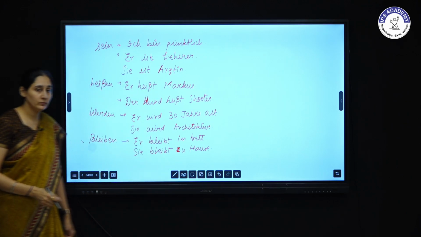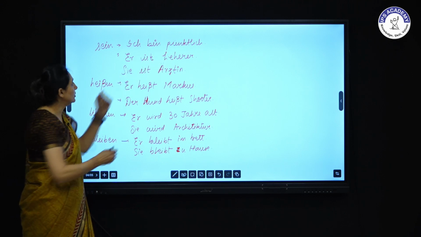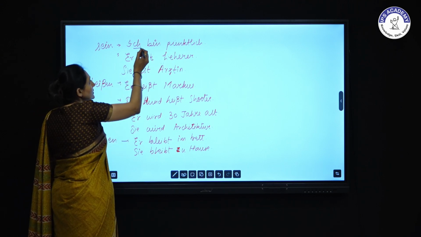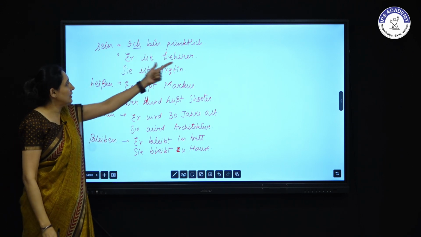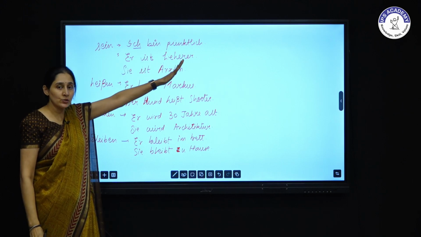Zu Hause. Now, when it comes to ich bin pünktlich, the subject, that is a nominative, ist Lehrer, the subject is doing the action.